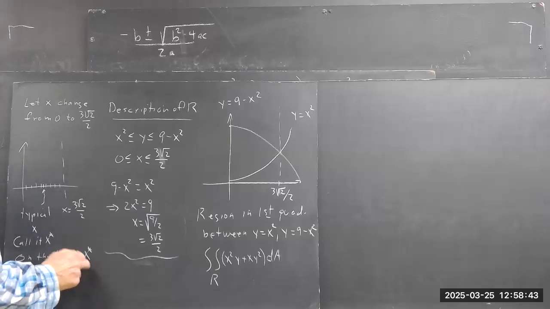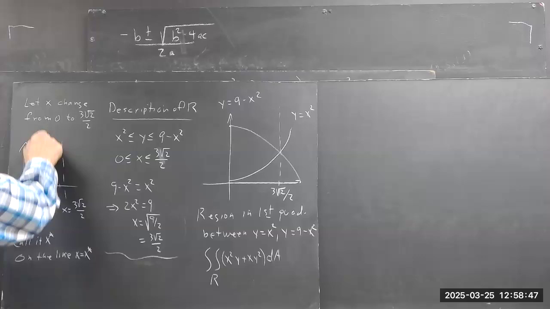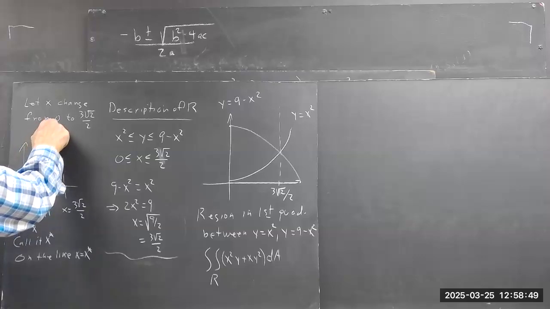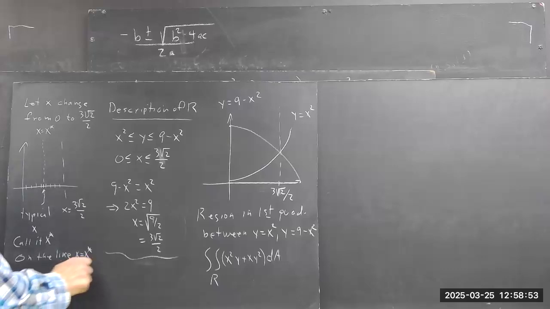On the line X equals X asterisk, here's the line X equals X asterisk.